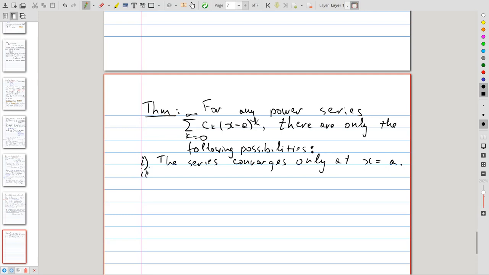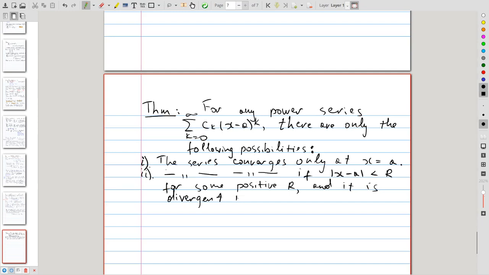Secondly, it can be the case that the series converges if the absolute value of x minus a is less than r for some positive r, and it is divergent for the absolute value of x minus a bigger than r.